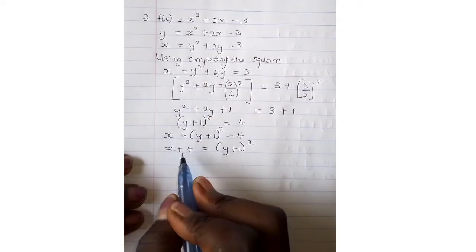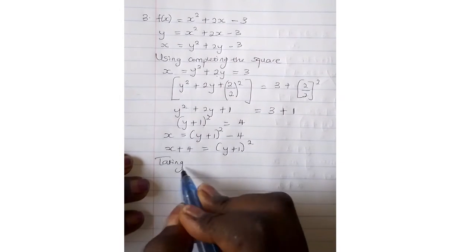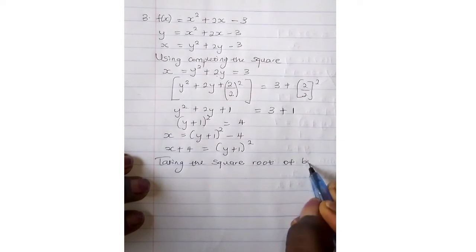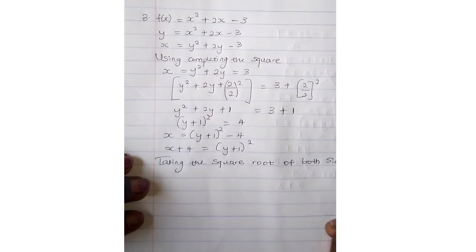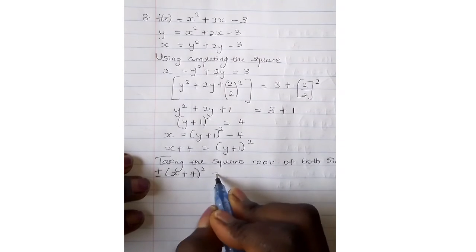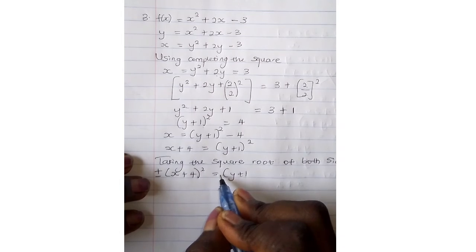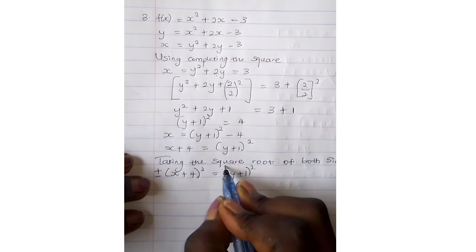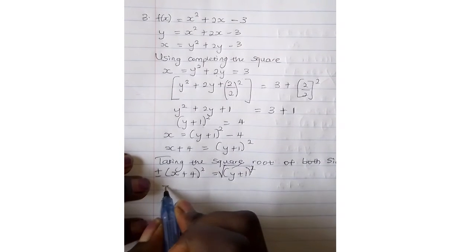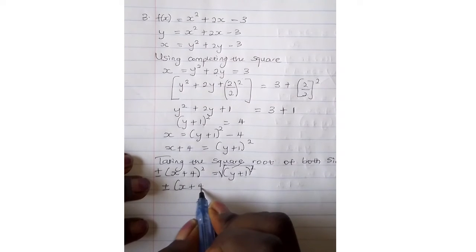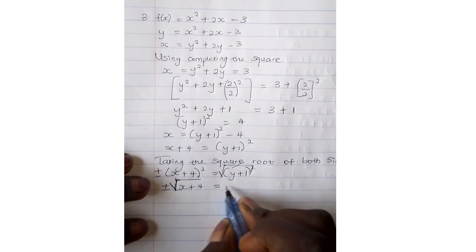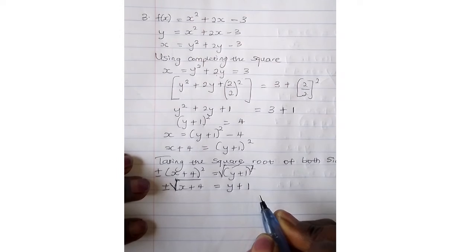So taking the square root of both sides, we are going to have plus or minus the root of x plus 4 equals the root of y plus 1 all squared. So we can take this out, and we are going to have plus or minus x plus 4. You can still write it in root form, is equal to y plus 1.